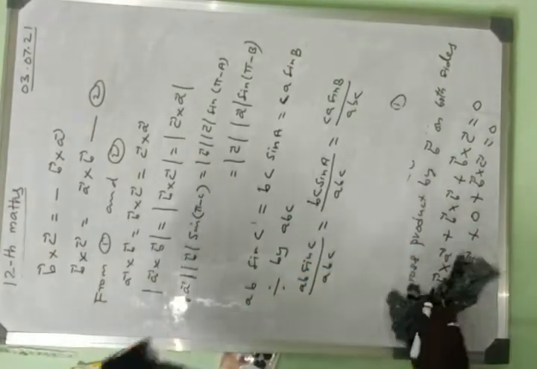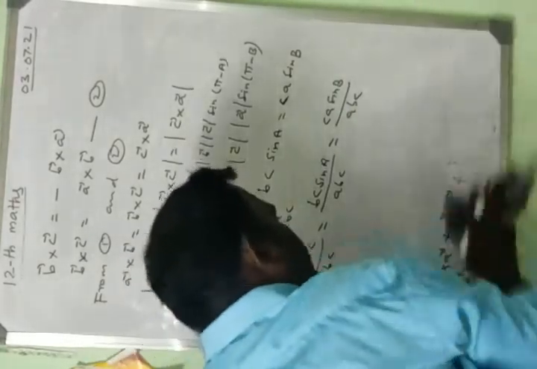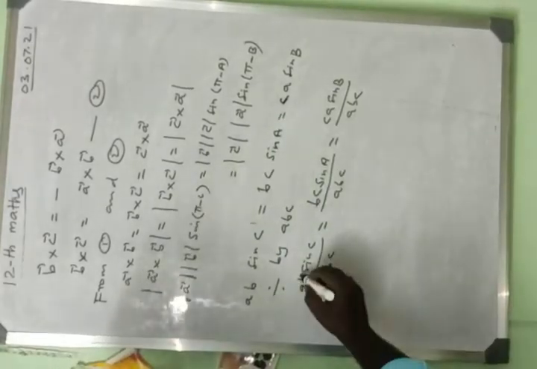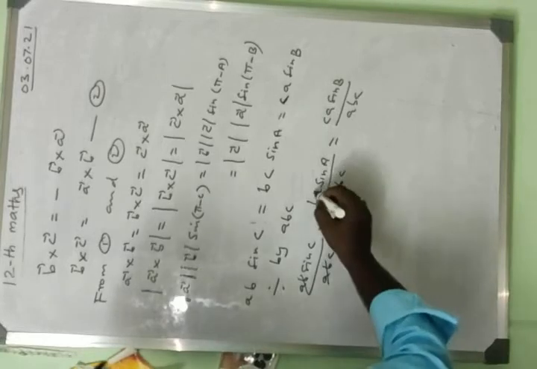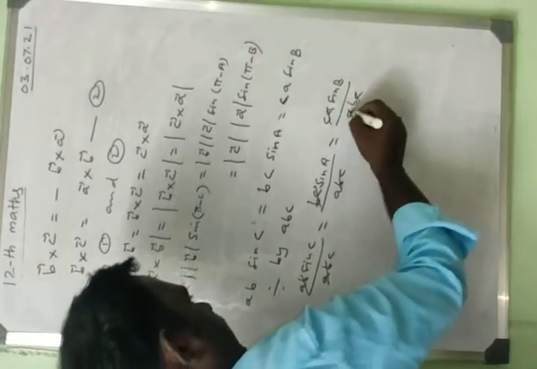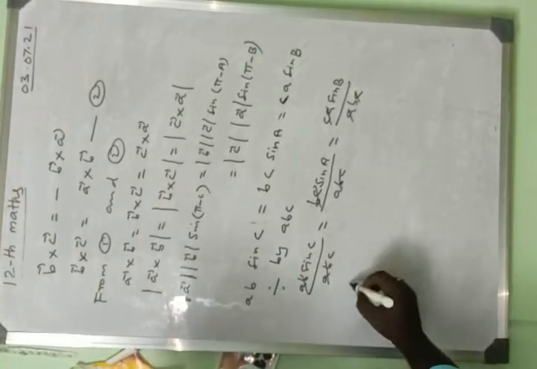Right. Now eliminate: AB cancels, BC cancels, CA cancels. What's remaining here?